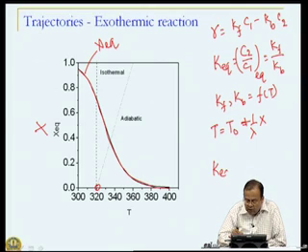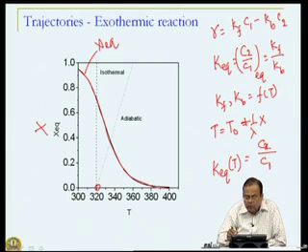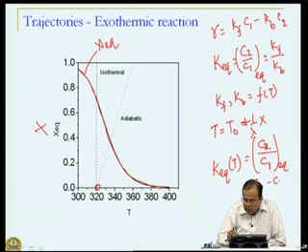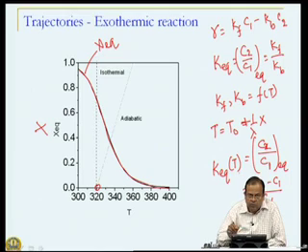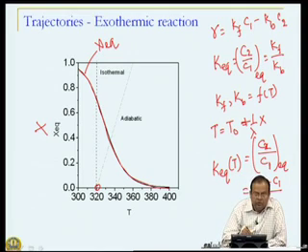Because we know K equilibrium, which is a function of temperature, is C2 by C1 at equilibrium, and let us say that we do not have any C2 0, C2 is nothing but C1 0 minus C1 divided by C1. So, we have a relationship between temperature and equilibrium conversion, and this is what we get.